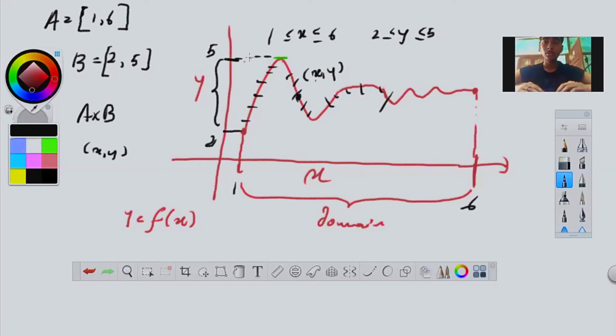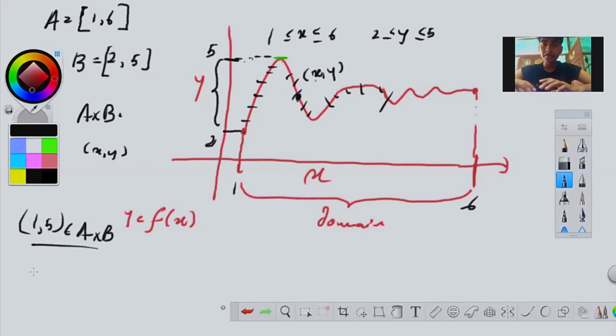In the Cartesian product, 1,5 will be available, right? 1,5 belongs to A cross B. Yes, or 1,5 doesn't belong to this function, that is not part of this relation.